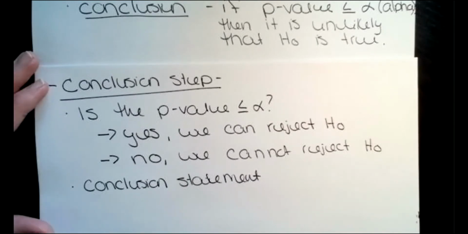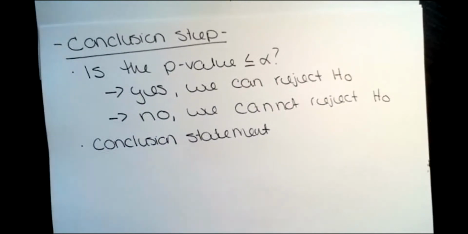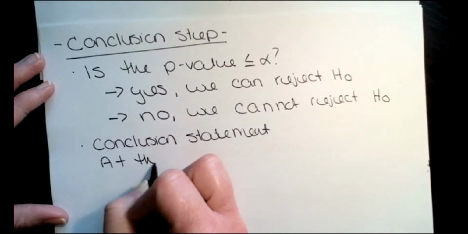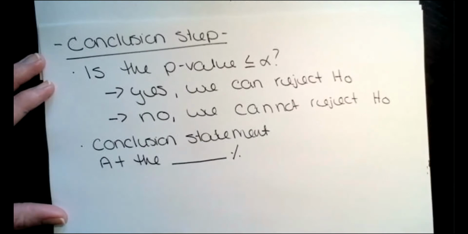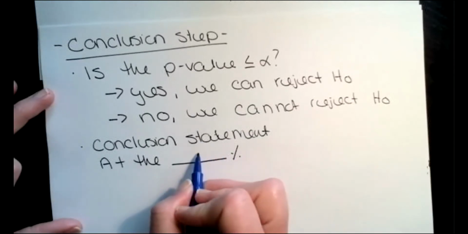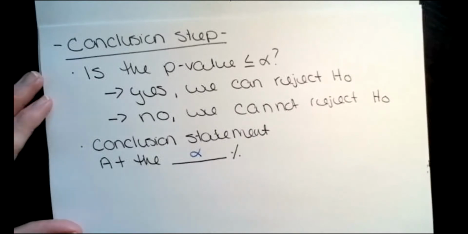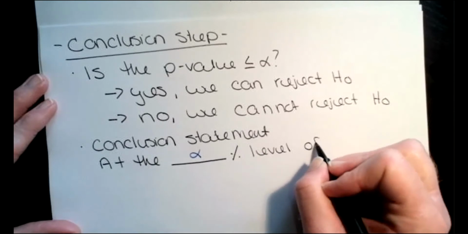So you do not have to use the same statement as me, but I'll let you know what parts of the statement I look for in a conclusion. So we can say at the alpha percent. So now I'm going to write alpha as a percent instead of a decimal. So instead of 0.05, I would say 5% here. Okay. Level of significance.